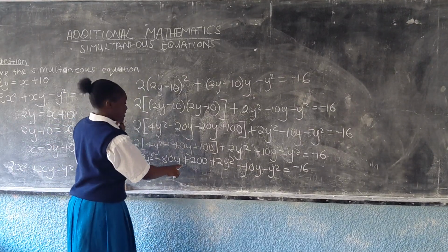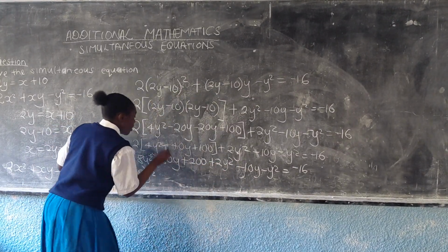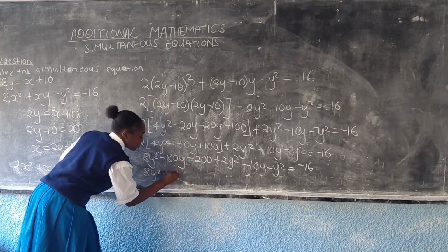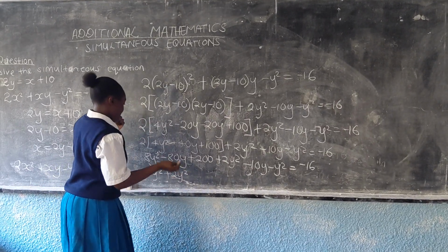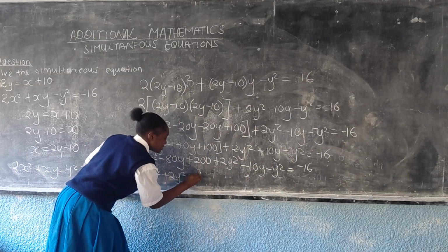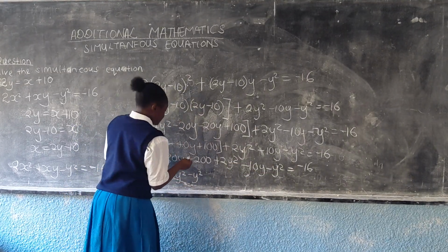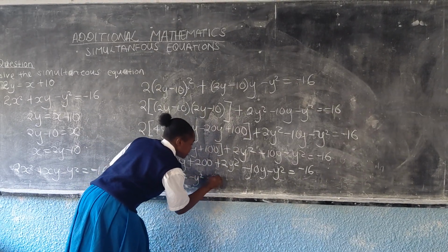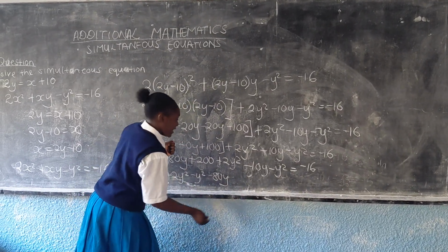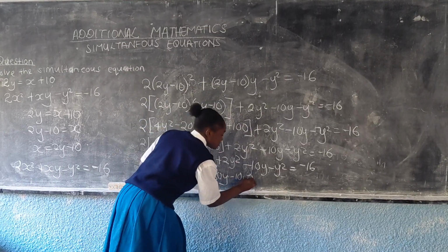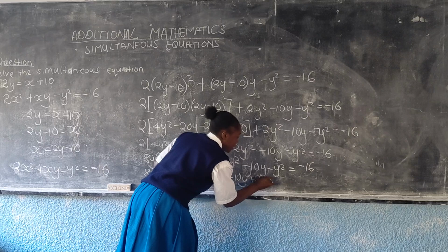The other term that's squared is 2y², so we'll carry it together with the sign, which will be positive 2y², and also negative y². Then we go to the non-squared variable, which is negative 80y and negative 10y. Then we'll bring the constant, which is positive 200.